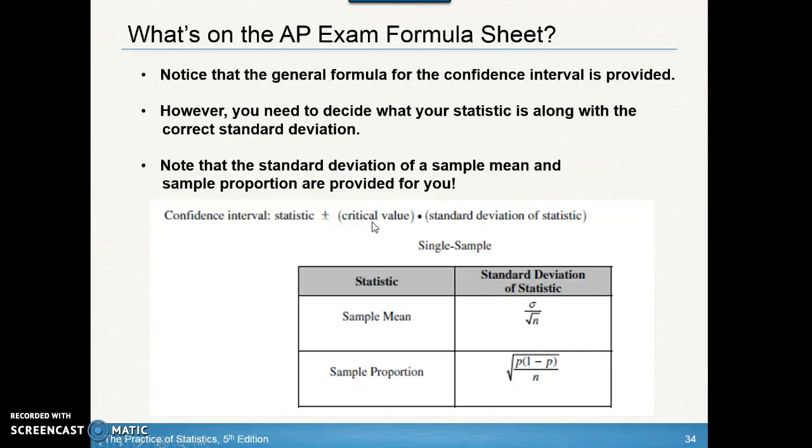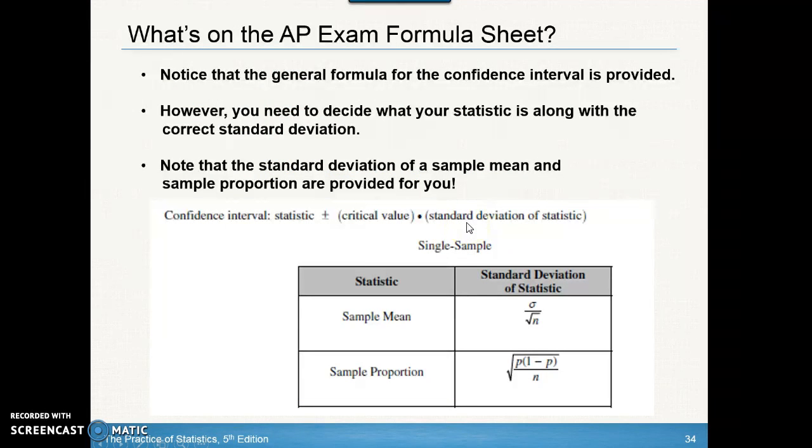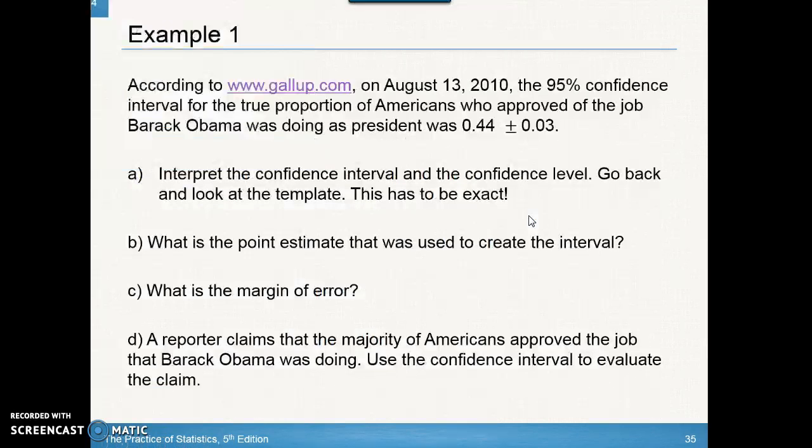So you'll have to know how to find that and understand that's a critical z, and we're going to be learning about critical t's later on. And how do you find the standard deviation of the statistic? Because remember, it's different for sample proportions and sample means. But notice, look down here, we have the sample mean, the standard deviation of the statistic, plug that in. Sample proportion, we have the standard deviation of that statistic, we can plug that in.